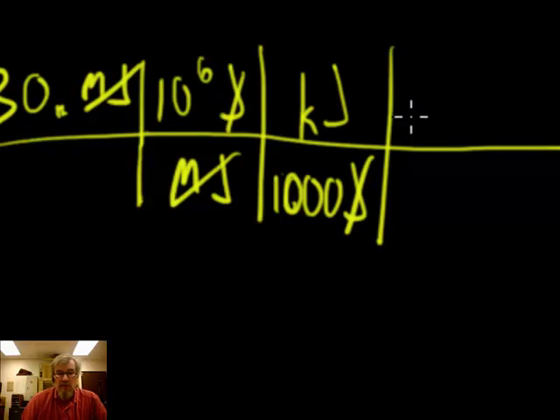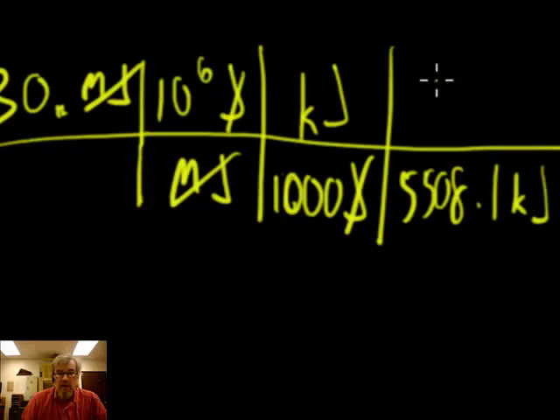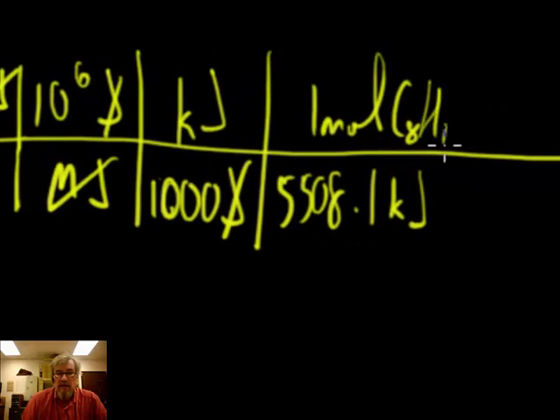Here's why that's useful, because it told me that 5,508.1 kilojoules is the amount released every time 1 mole of C8H18 burns. So now I'm done with energy. I got rid of that, and now I'm in matter, moles of octane.